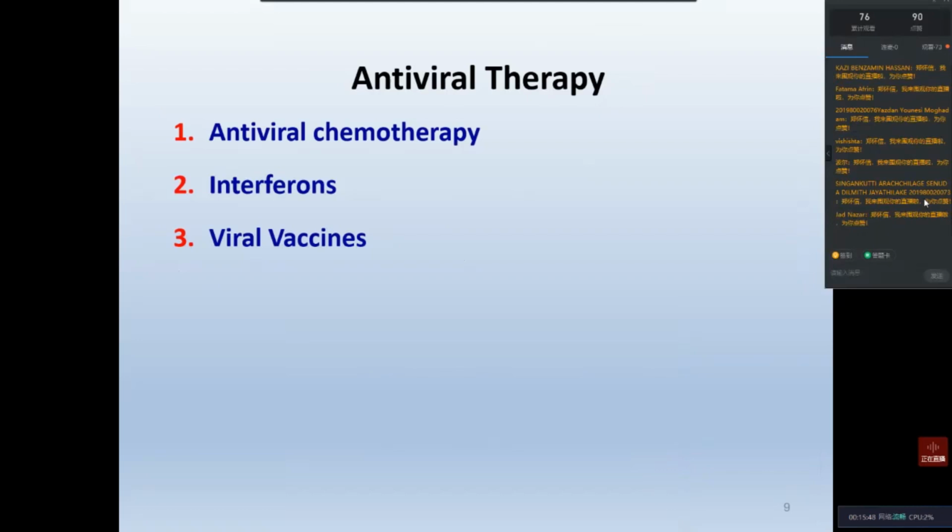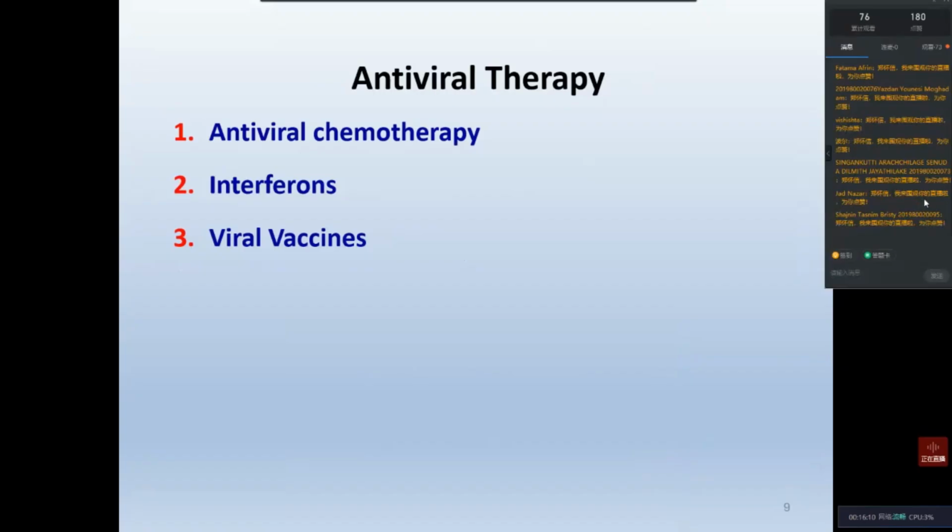HIV is a retrovirus. We can use these reverse transcriptase inhibitors, or protease inhibitors, or other types of antiviral agents. With the next several slides, we'll introduce some examples here.